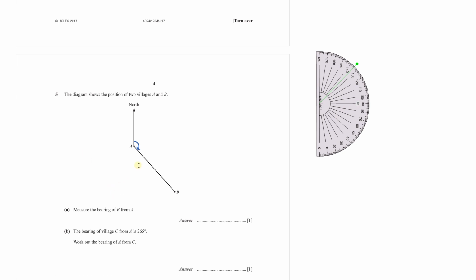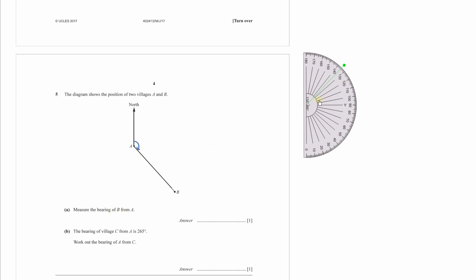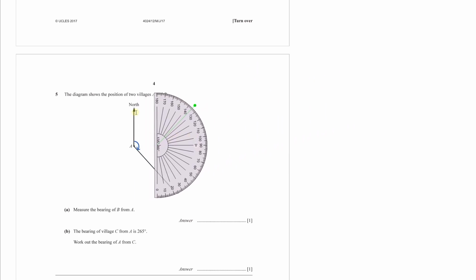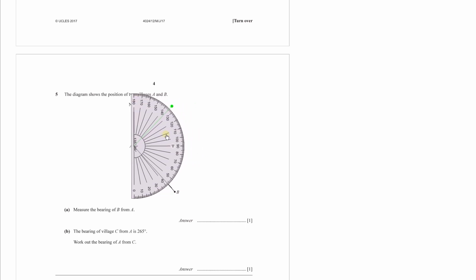To measure the bearing of B from A, which is this angle, your zero is always the north. So my zero would be this 180 marked on this protractor in this case. I'll place it here exactly at zero.